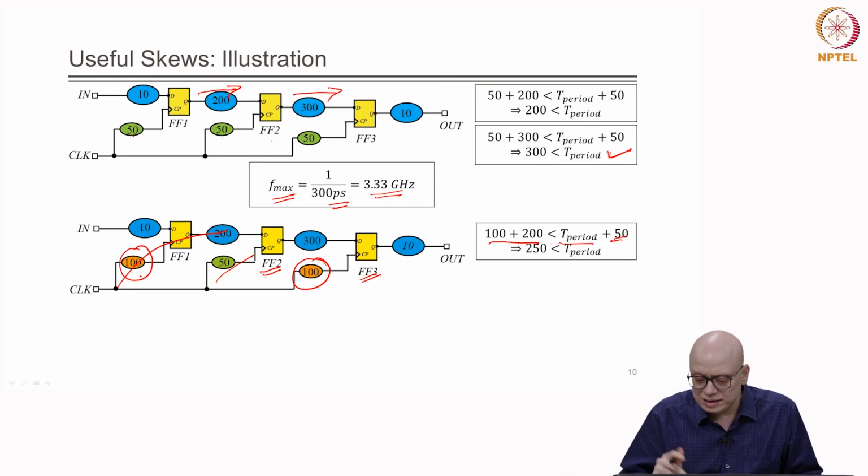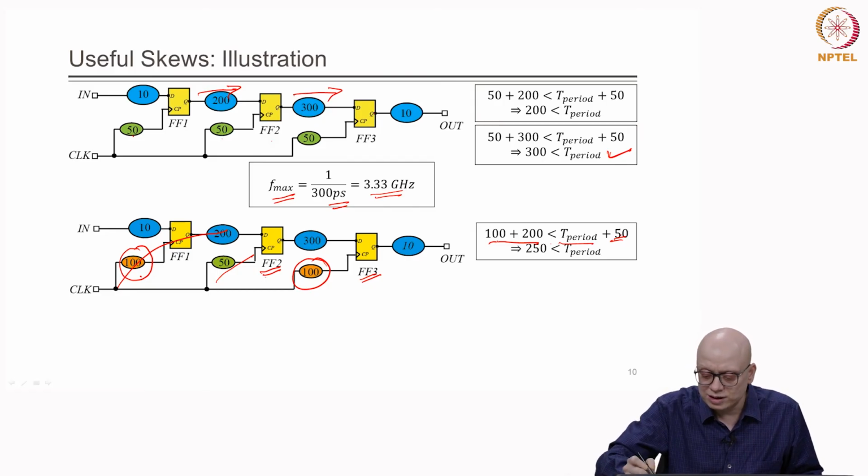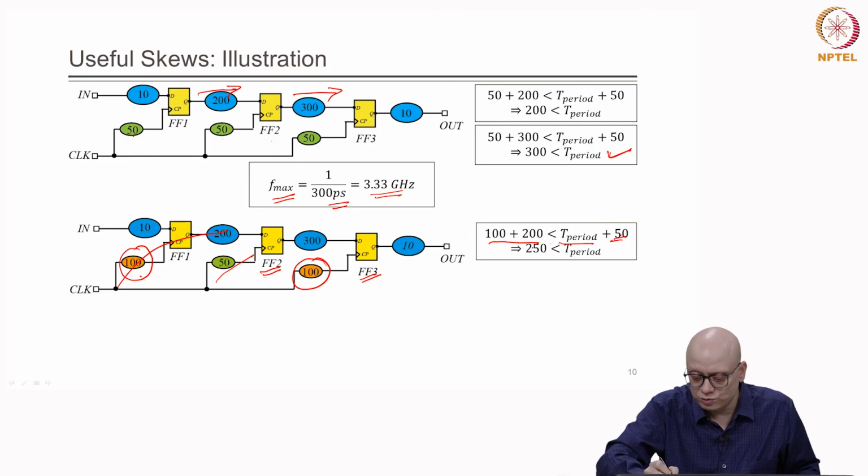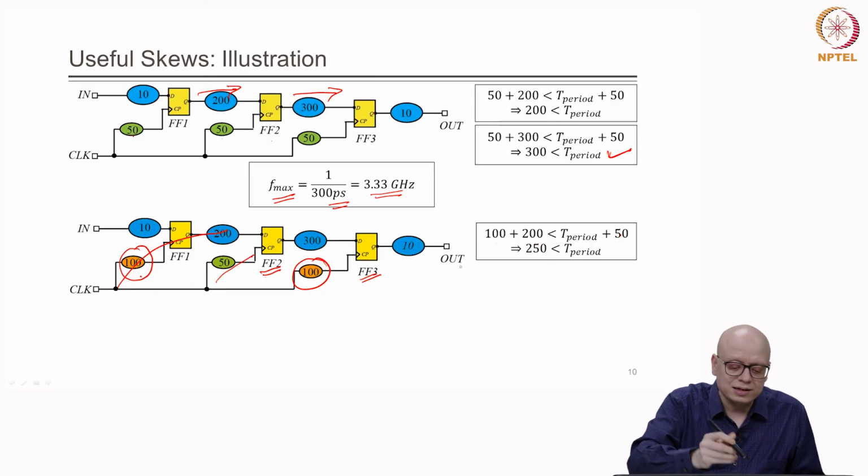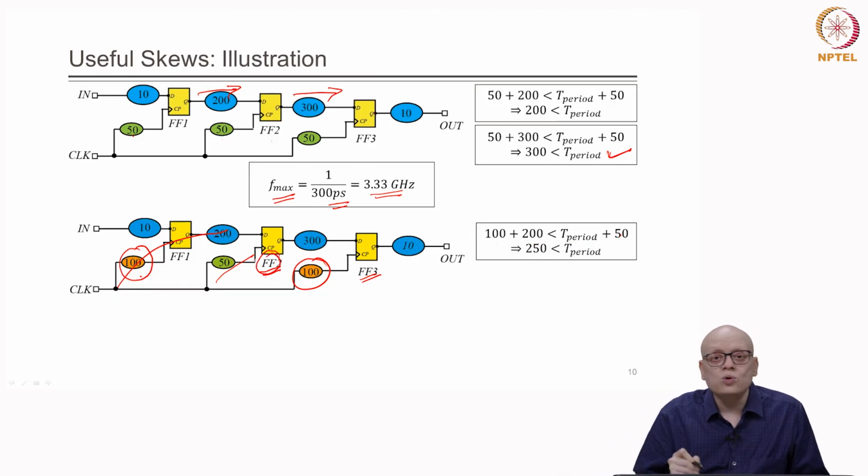We can simplify it: 50 goes to the other side and it becomes 250. So T period should be greater than 250, that is the constraint for FF2 working as the capture flip flop.